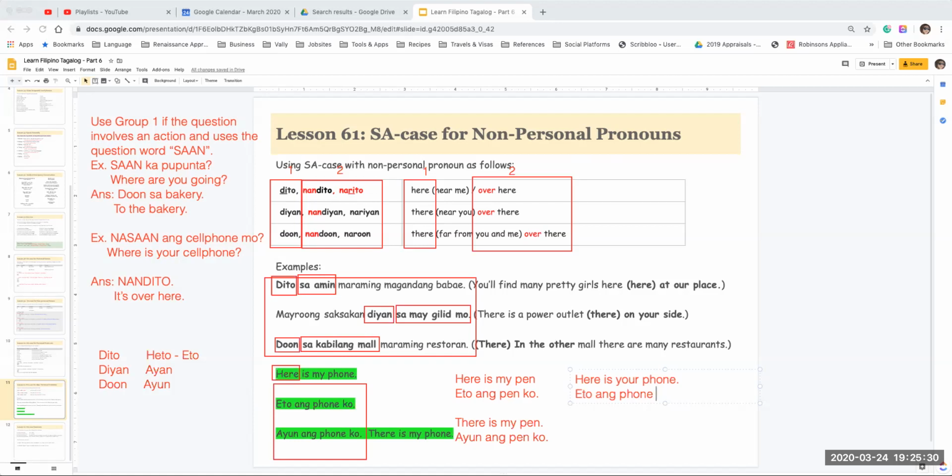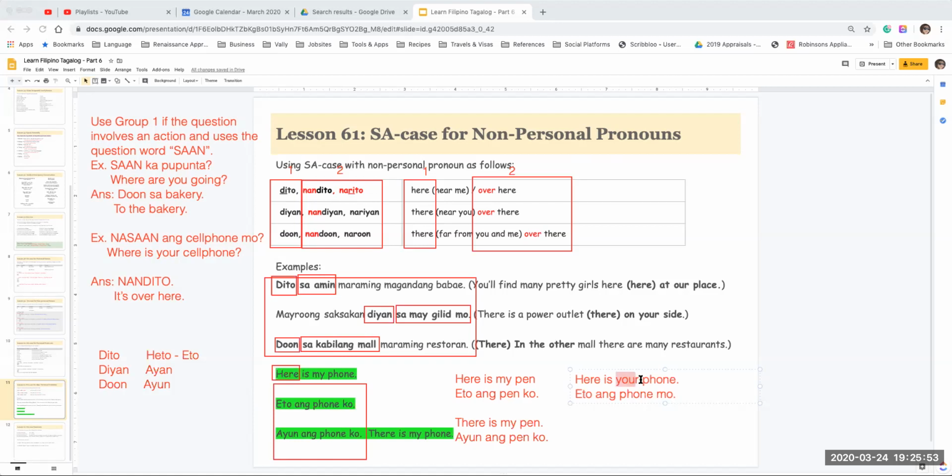Si? That's an ang case personal name marker. You're guessing. It's mo. Okay, ito ang phone mo.